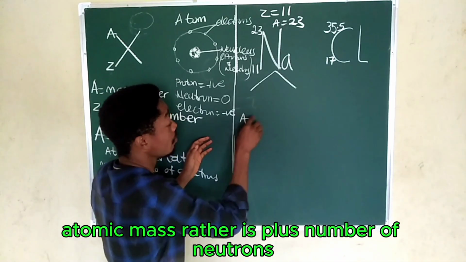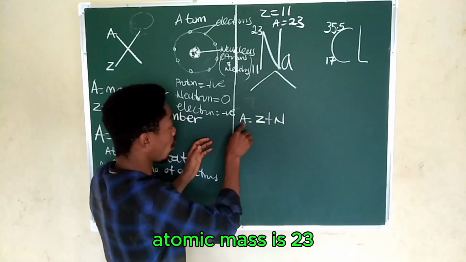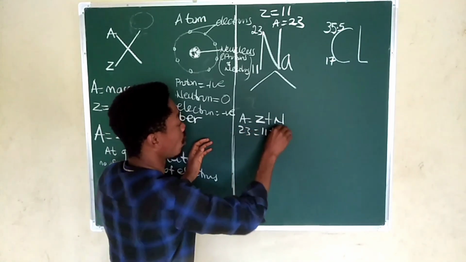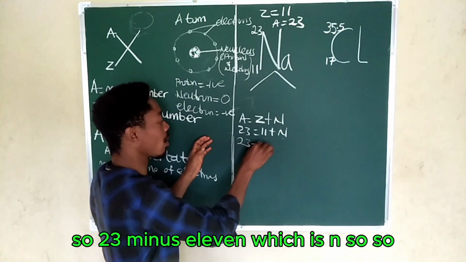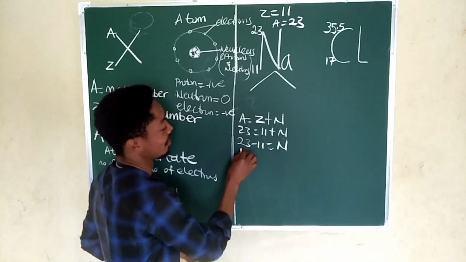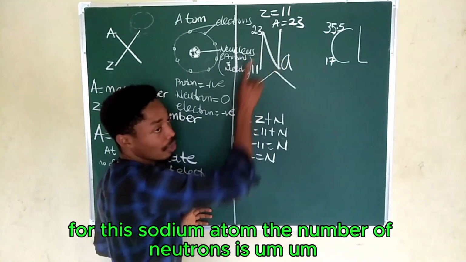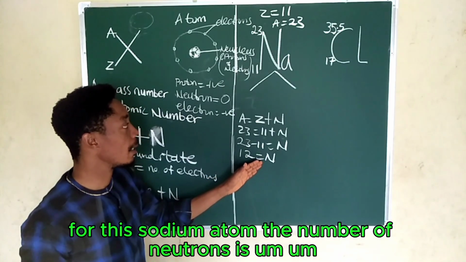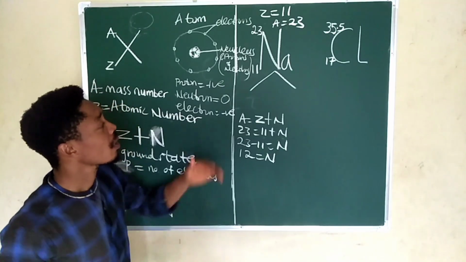Atomic mass is atomic number plus number of neutrons. Atomic mass is 23, atomic number is 11 plus number of neutrons. So to find the number of neutrons, take 11 to the other side: 23 minus 11 is n. So for this sodium atom, the number of neutrons is 12. There are 12 neutrons in this atom.